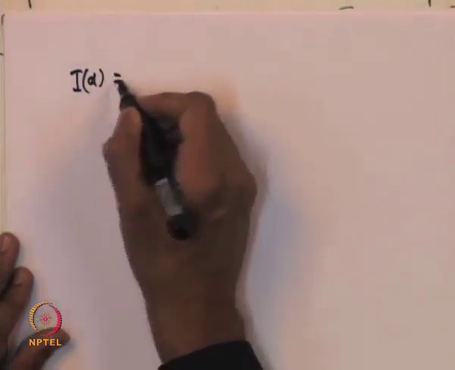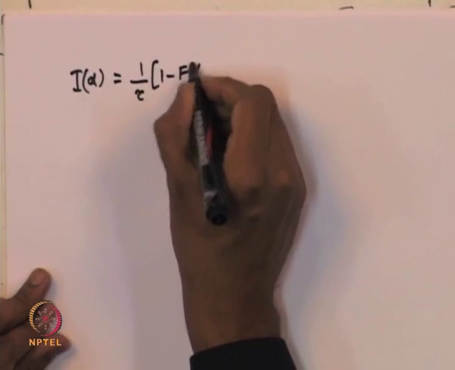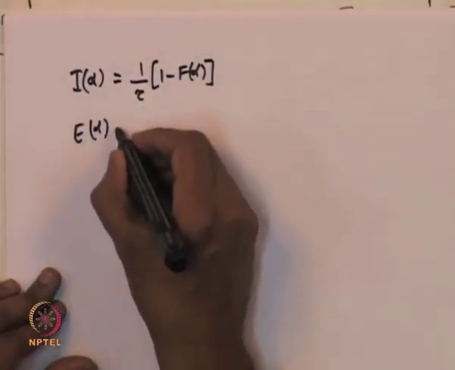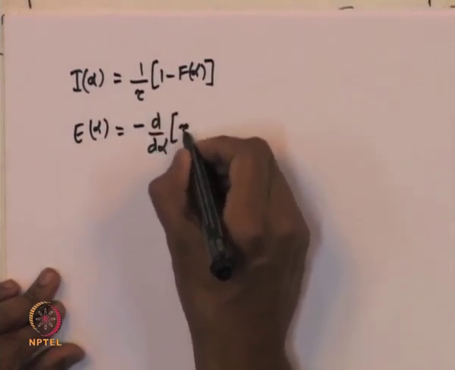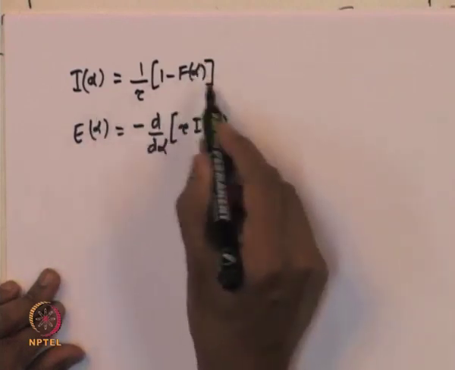So, I alpha, the internal age distribution, is given by 1 by tau into 1 minus F of alpha, and E of alpha, as we know, is given by minus d by d alpha of tau into I alpha, because of the connection between the E curve and the F curve.